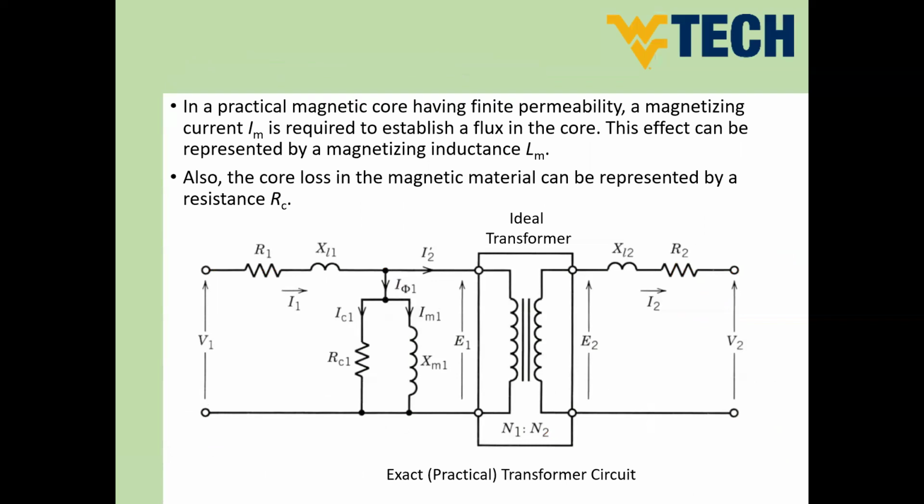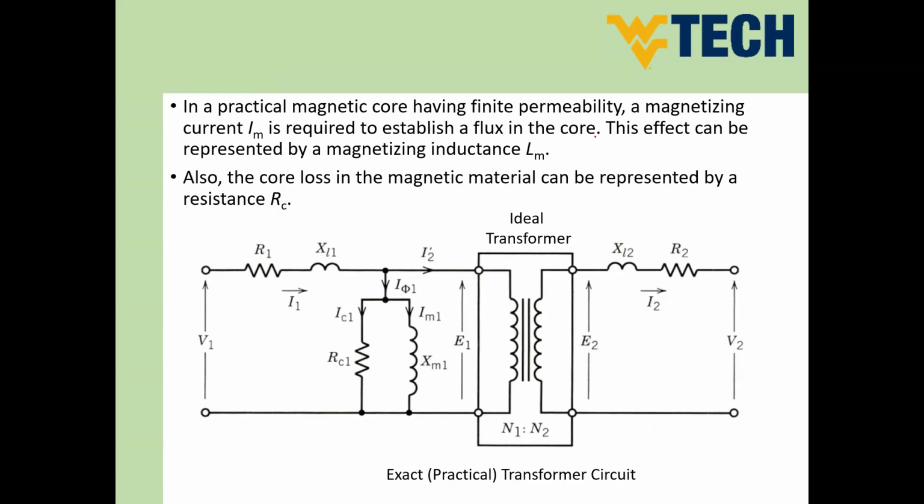So what are we missing? Actually, in a practical magnetic core having finite permeability, a magnetizing current IM is required to establish a flux in the core. So for any core, guys, as we mentioned before in the magnetic topics, you need to establish the flux in your core.